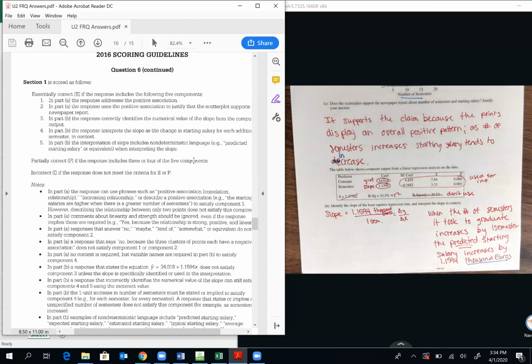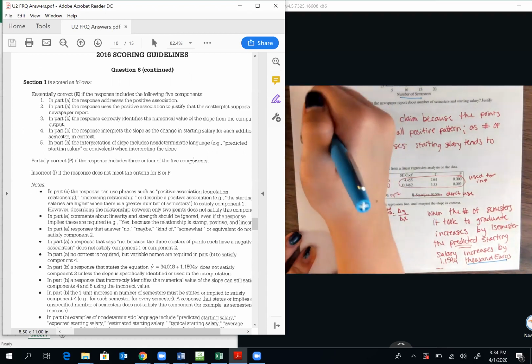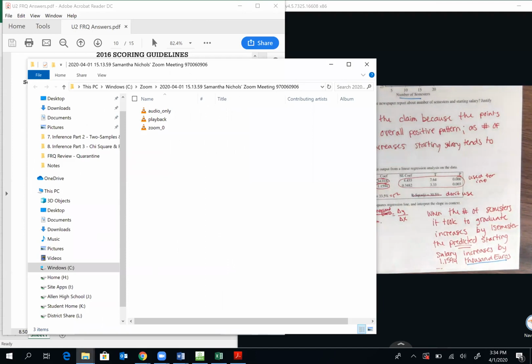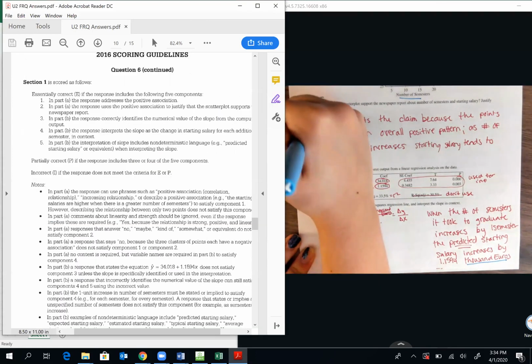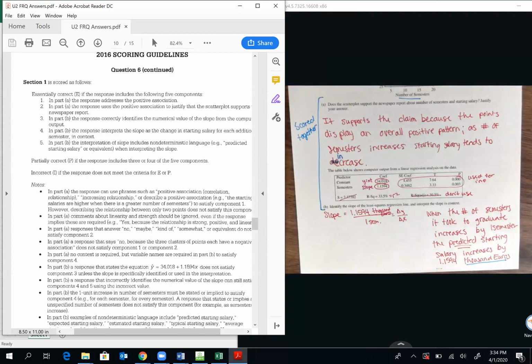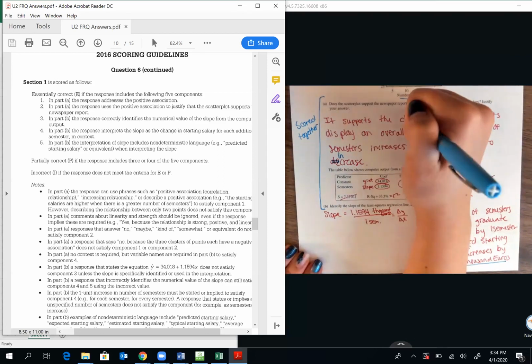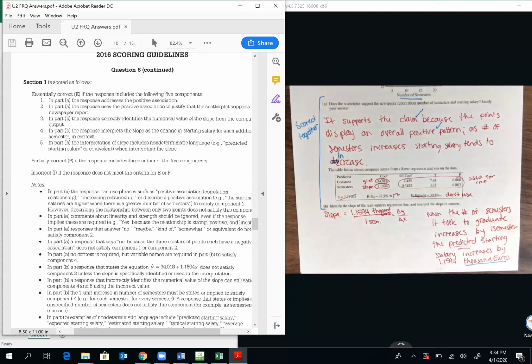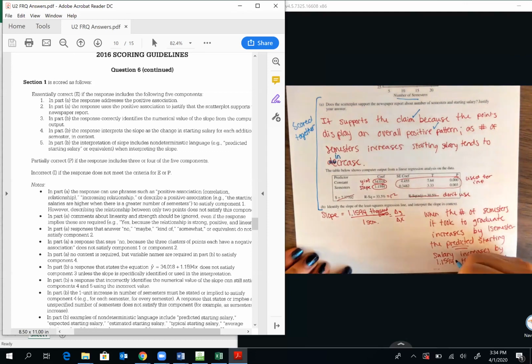So section 1 is scored as follows. So remember, A and B are scored together. Part A, the response addresses the positive association. Overall positive pattern. The response uses the positive association to justify the scatter plot supports the claim. In part B, the response correctly identifies the numerical value of the slope.